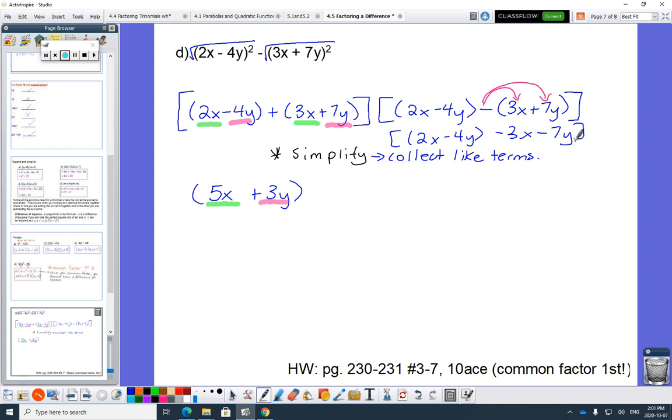So you have to think of that first. So 2x and negative 3x is negative 1x. Negative 4y and negative 7y is negative 11y.